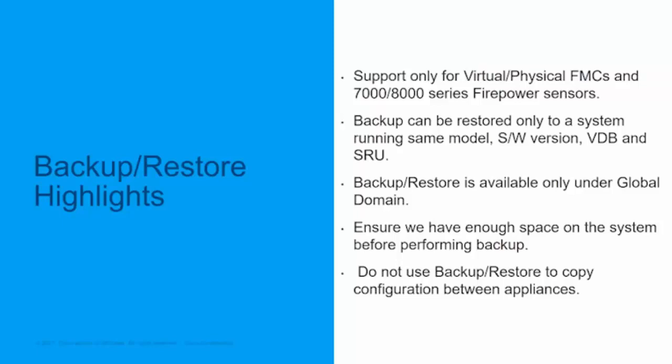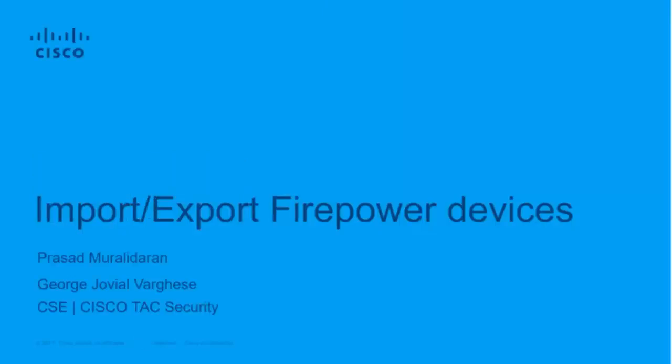Also ensure that you do not use this option to copy the configuration from one appliance to the other. For that, we will be using the import and export option. With that, we will start with import and export on FirePOWER devices.